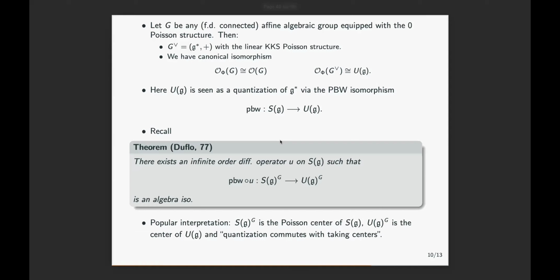And the sort of popular interpretation of that theorem is that U of G invariant is commutative because it's the center of U of G. And likewise, this is the Poisson center of S of G. And I should mention that quantization should commute with taking center. So that's kind of philosophy. And there are precise versions of this. In fact, there is a derived version of that result, where really you should think of this as a quantization of what's on the left-hand side. So this is sort of the common way to think about this.